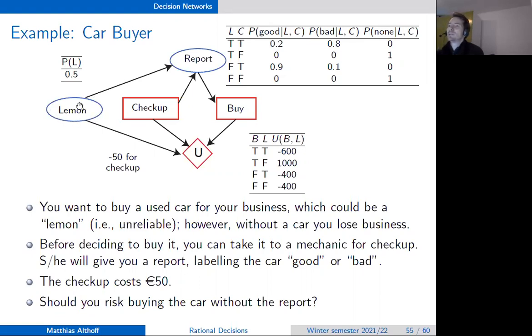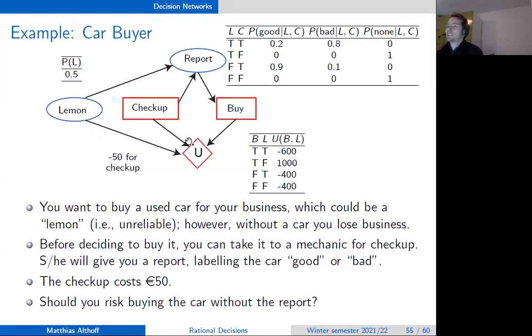And to avoid this, you can also request a report. So you can make a decision for a checkup where an expert looks at a car and tells you whether it's a good or a bad car. And this costs, of course, some money. And based on this report, then you can make a decision whether to buy the car or not. And of course, the utility depends on whether the car is a lemon or not.